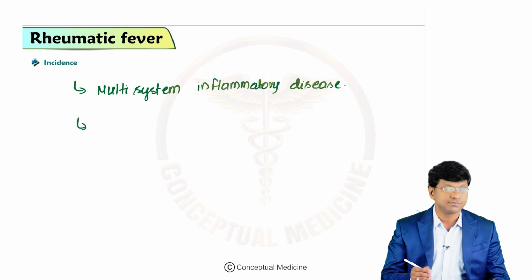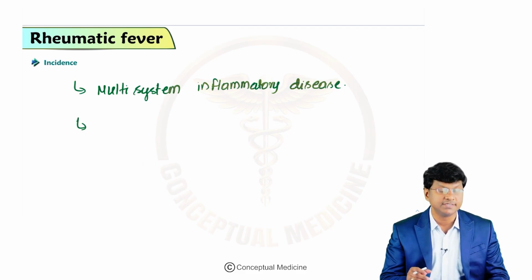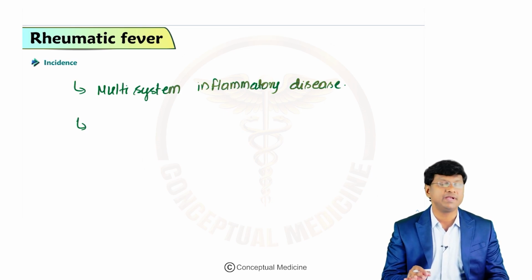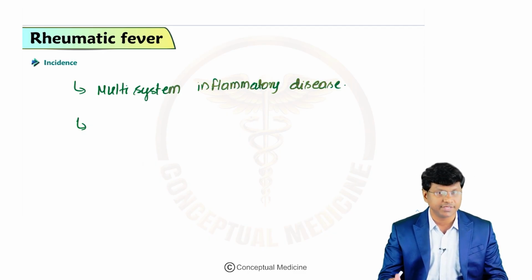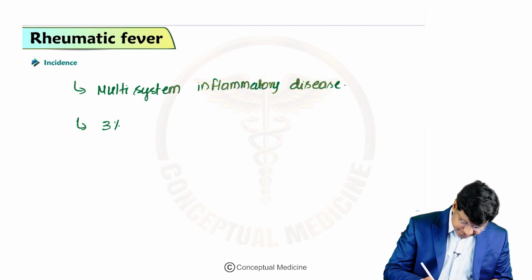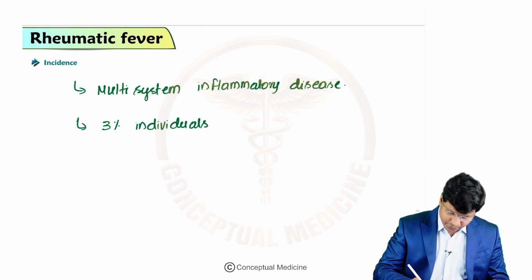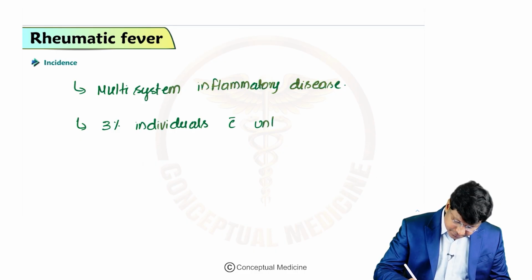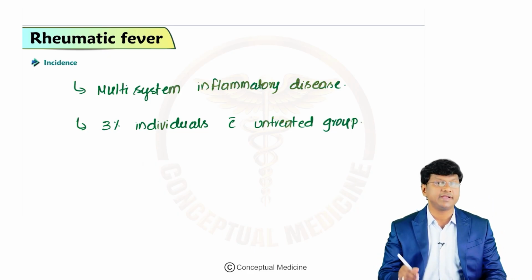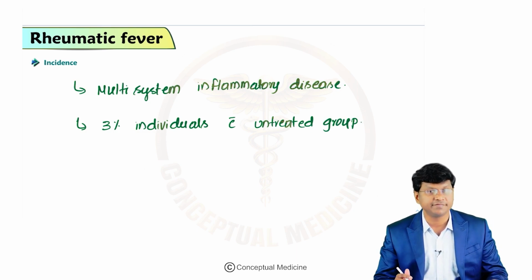Studies have shown that 3% of individuals with untreated group A beta-hemolytic streptococcal throat infection develop rheumatic fever.